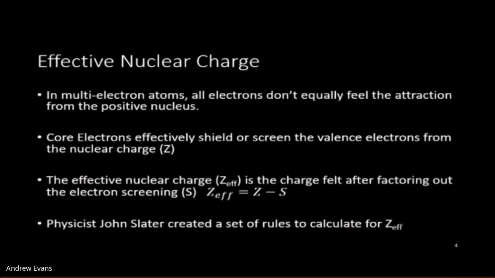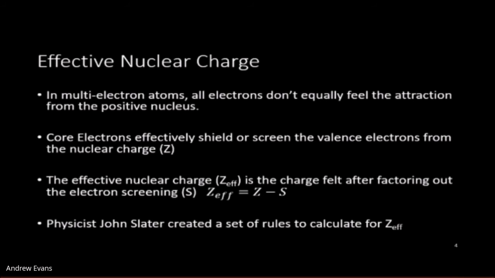Remember, the atom is like an onion. As we put more electrons into the shells, you start building these shells on top of each other. You have these layers. And these core electrons are essentially shielding the outermost electrons from the nucleus. We're putting a layer of protective electrical shielding from the core to the outer shell.